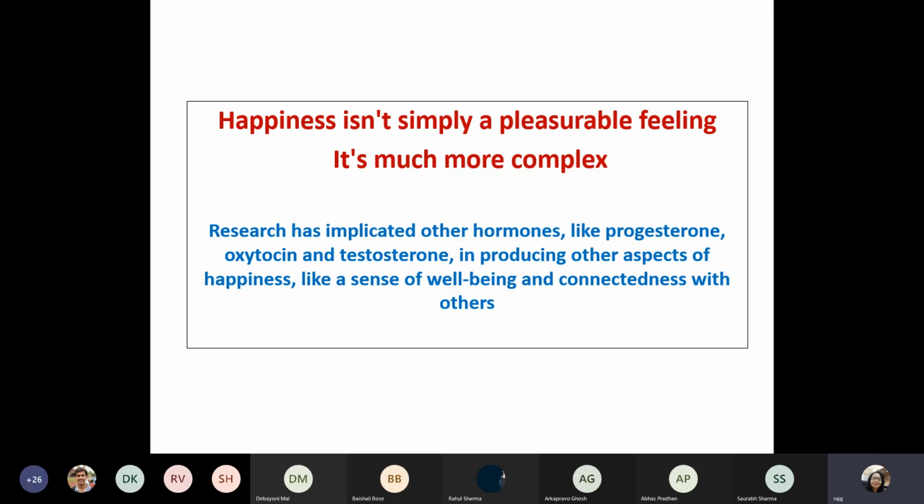A person who is ill, it's not necessary that the person will feel bad or sad because the person is ill. Like in manic disorder, the person may feel exuberant and excited, but that is not happiness. That is related to some changes in his brain or in his neurochemicals.